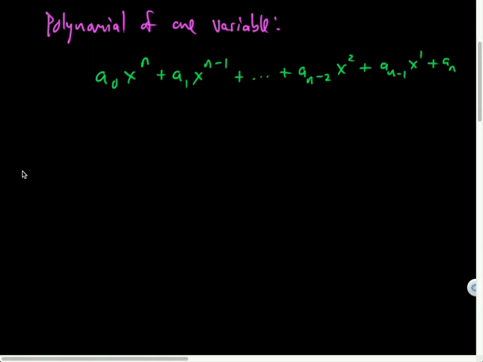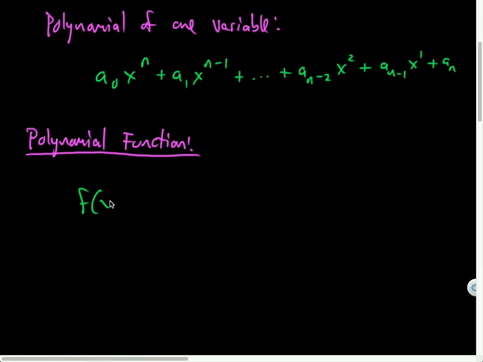And then we're going to extend that to a polynomial function. You might recall that functions have exactly one output for every input. We'd have the notation f of x equals a sub 0 x to the n plus a sub 1 x to the n minus 1, dot dot dot.